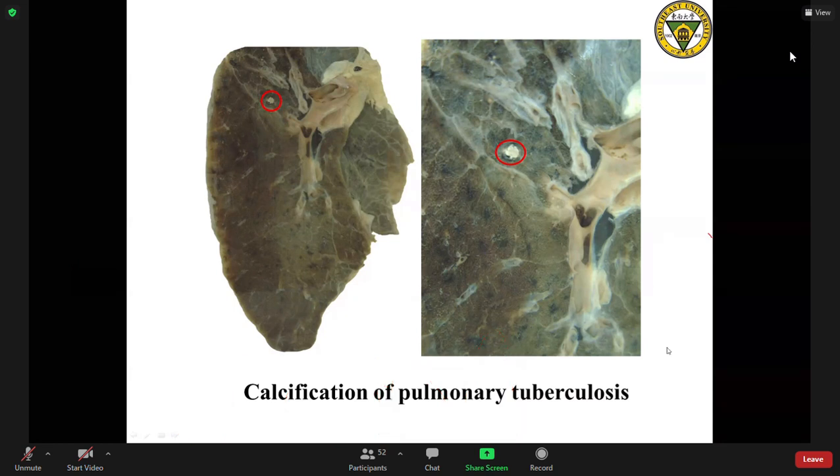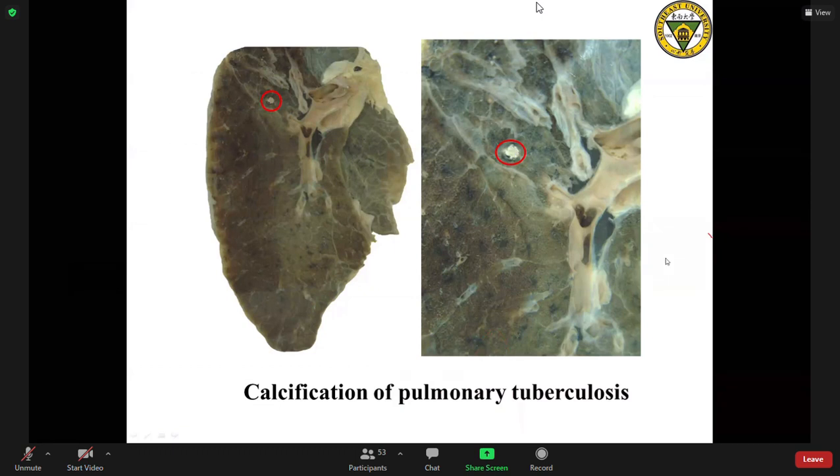Calcification may have a long time or long period after necrosis. So if calcification, the tissue is hard. The tissue may be turned hard. With our naked eye, we just see a pale or white area and hard area.